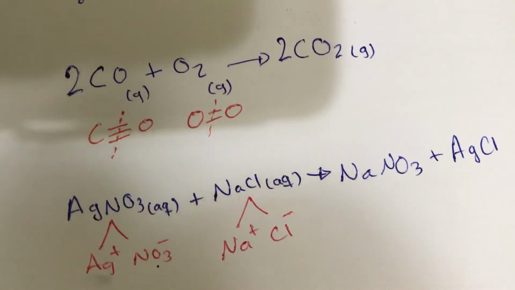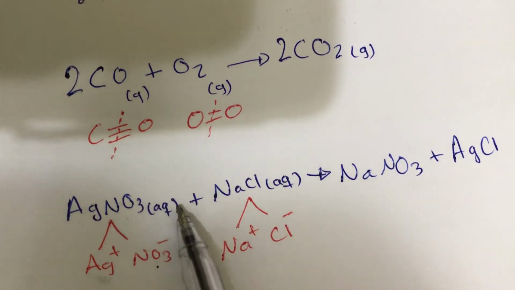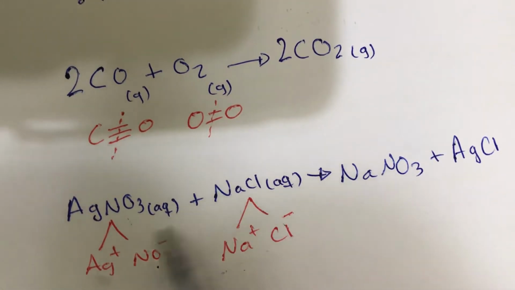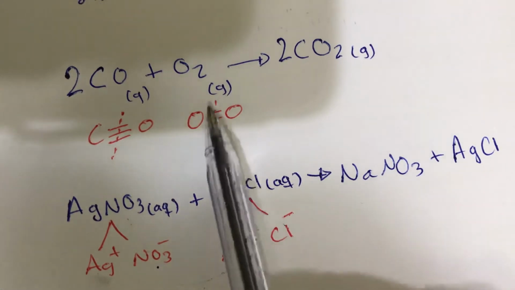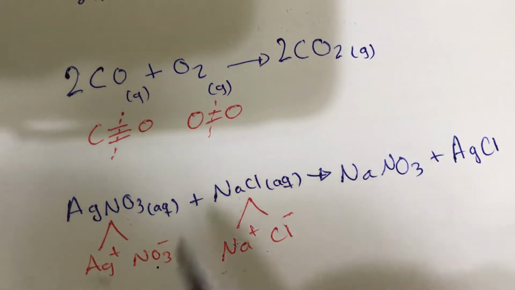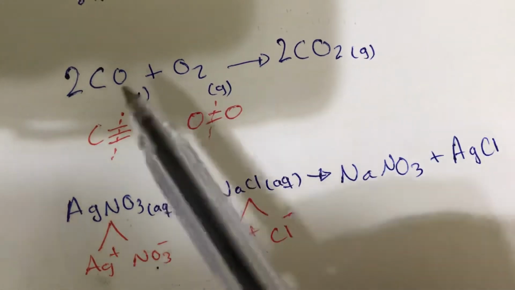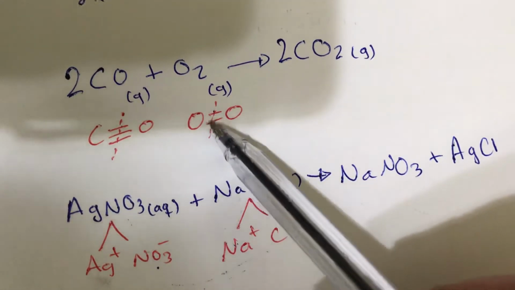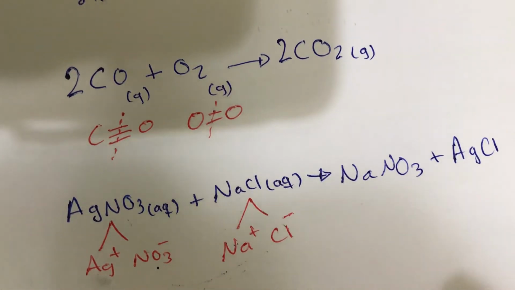So the reaction occurs. Sodium reacts with nitrate to produce sodium nitrate, and chloride reacts with silver to produce silver chloride. Again, in ionic compound, compounds dissociate to ions in aqueous solutions, so the reaction occurs faster than in covalent compound, because in covalent compound energy is first used to break the bonds, then the reaction occurs.